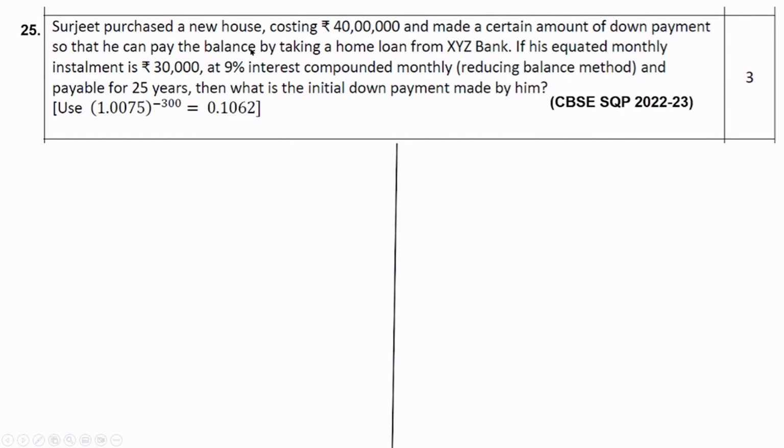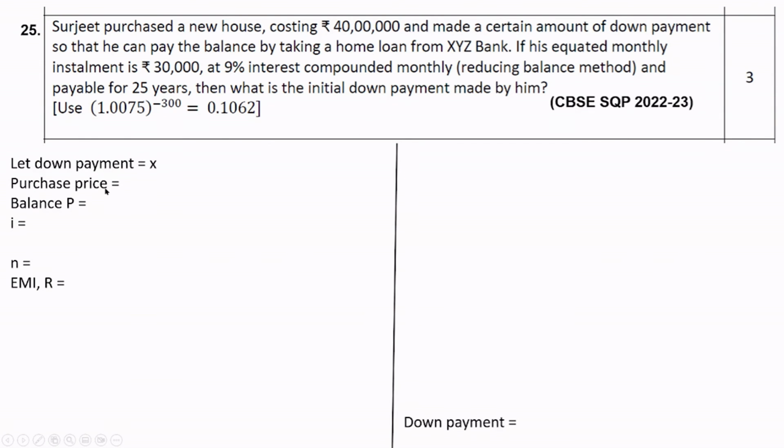So here the purchase price is rupees 40 lakhs and he has made some down payment. Let us take it as X, which is what we have to find. They have given the EMI as rupees 30,000 and the interest rate is 9% per annum compounded monthly and it is payable for 25 years. We have to find this down payment, which we are going to take as X. So let us take down payment equal to X. Then the purchase price is rupees 40 lakhs.